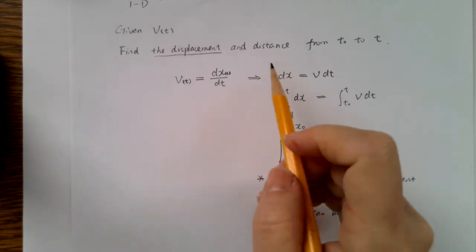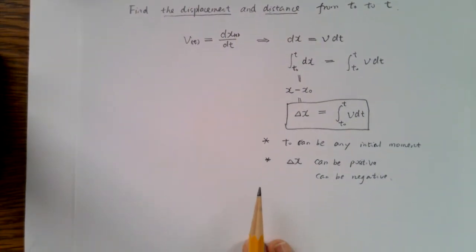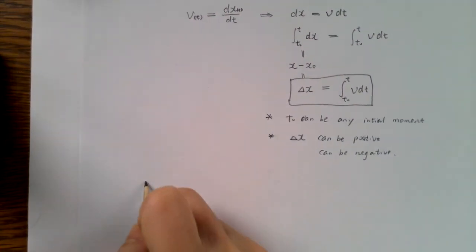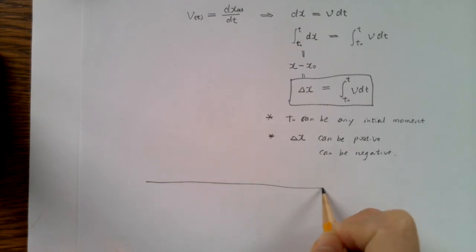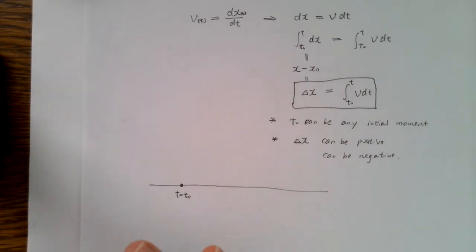Okay, so now let's move on to the distance. So what's the difference between the distance and displacement? Let's look at this. Okay, so I have one object moving along the straight line here at initial moment. So then t equals 0, t equals t sub 0. So during one time interval, this is my initial moment, t equals t sub 0.